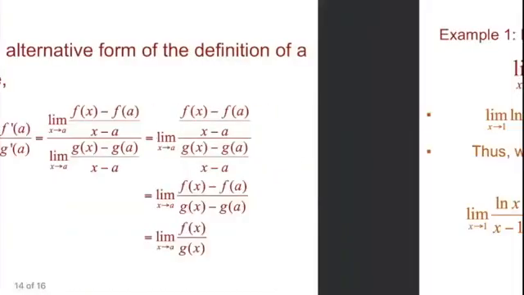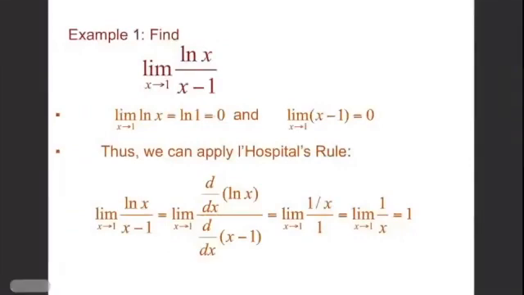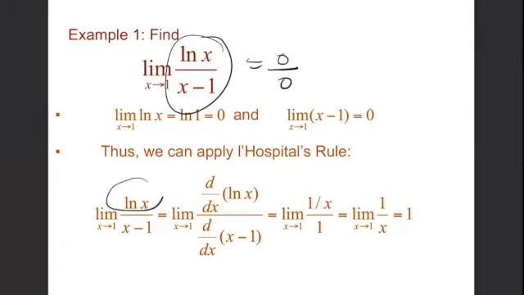Example, let's apply this to what we had earlier. The limit of ln of x over x minus 1 as x approaches 1. Take note, this is 0 over 0. And so, applying L'Hôpital's Rule, we derive the numerator.